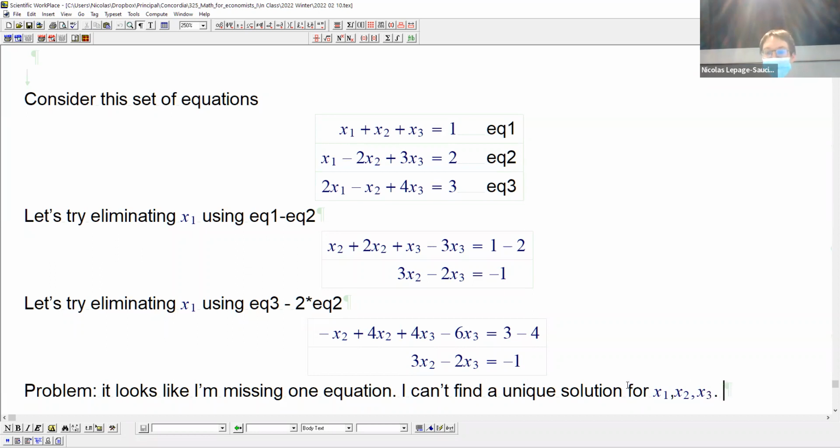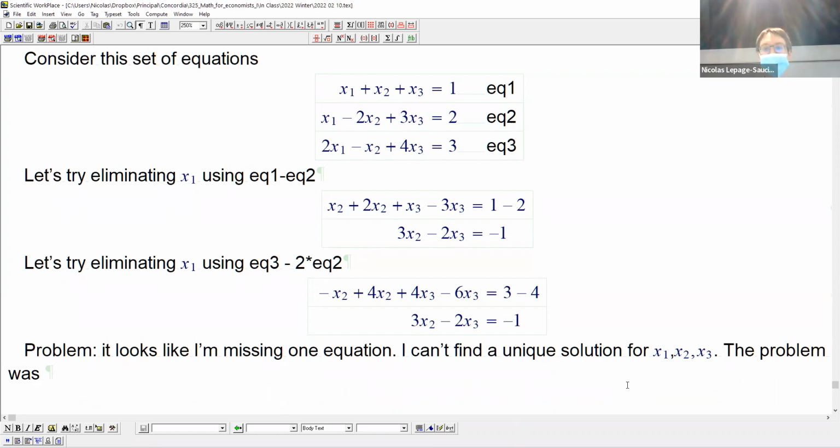And what I did is, the problem was that I had equation 1 plus equation 2 equals equation 3. I did that on purpose, of course. It was to mess with your mind.